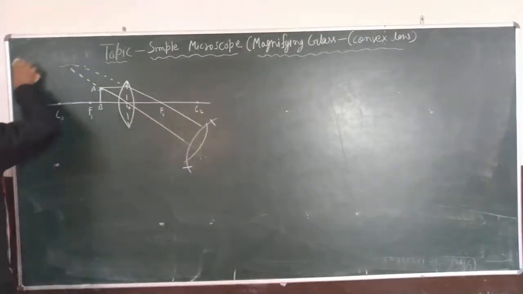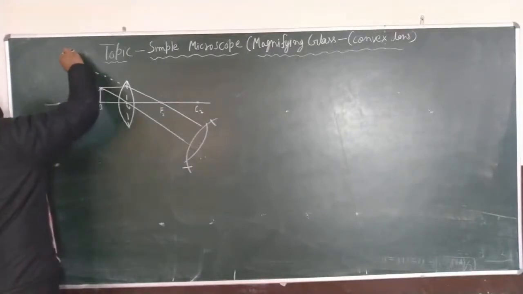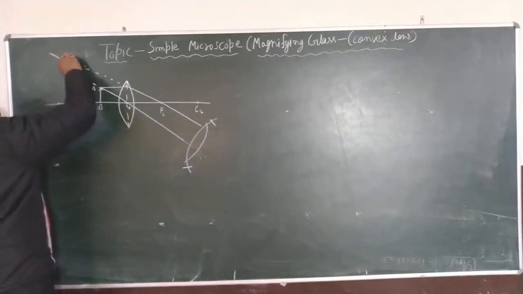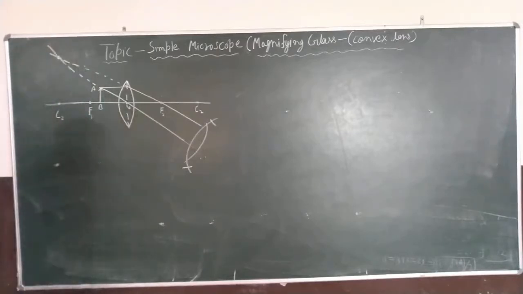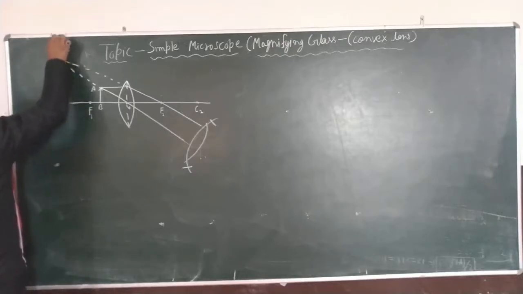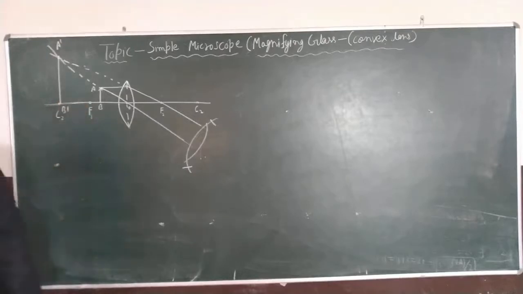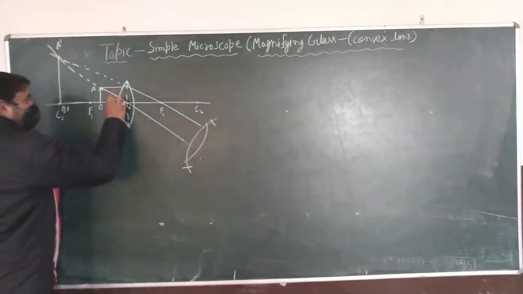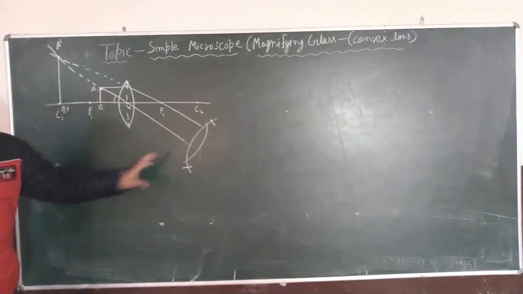So, it is observed that the two rays are coming from this point. So, we can say that this is the image A dash B dash of that object. Okay, now here this is the angle formed by the object on the eyes. Clear?